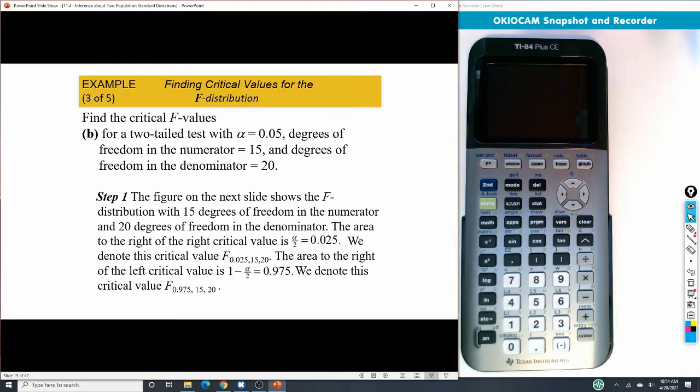But because we're doing 2 pieces now, you'll notice that our first one is here. We need to be to the right of that one, and then to the left of this value. So we have to pay attention to those pieces. Let's look at how we do those.